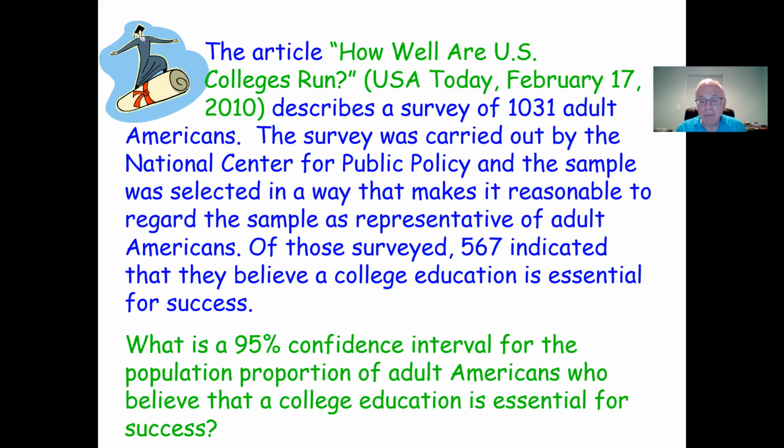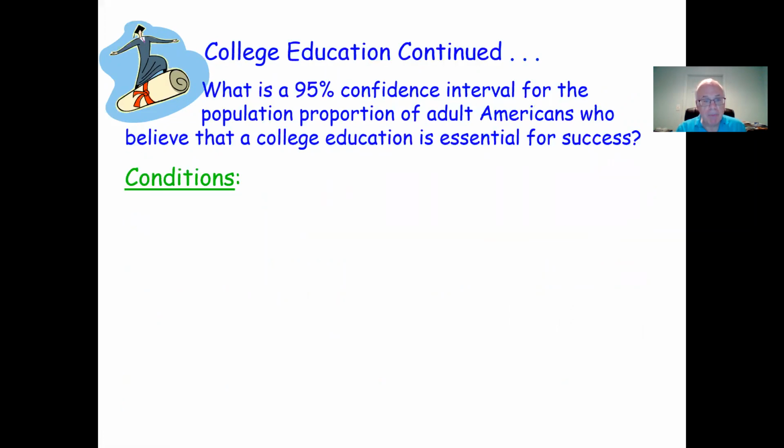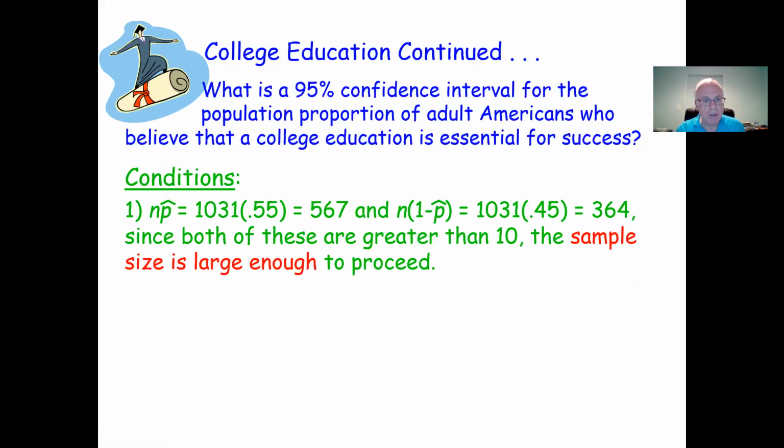Okay. What is a 95% confidence interval for this proportion? How do we create it? Well, we create it from our sample proportion. Before we actually use the procedure for creating a confidence interval, we have to meet certain conditions. Number one, if you remember this, for proportions only, that n times p hat has to be greater than or equal to 10, and n times 1 minus p hat has to be greater than or equal to 10.